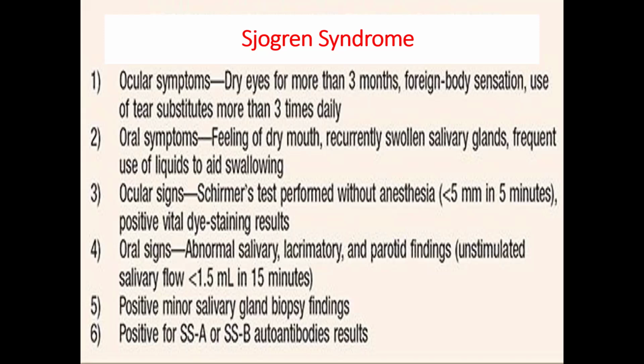5 is positive minor salivary gland biopsy findings. 6 is positive for SSA or SSB autoantibodies result. So these are the 6 criteria for Sjogren syndrome.